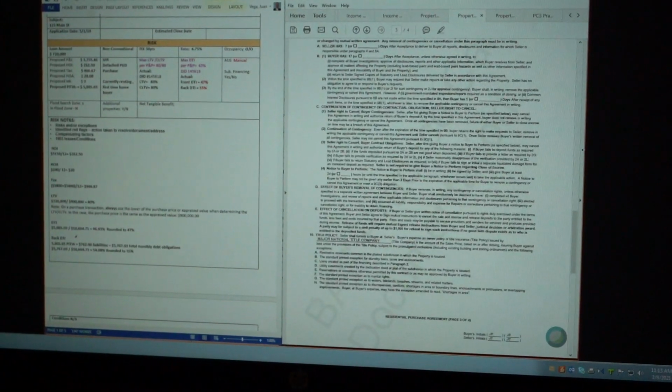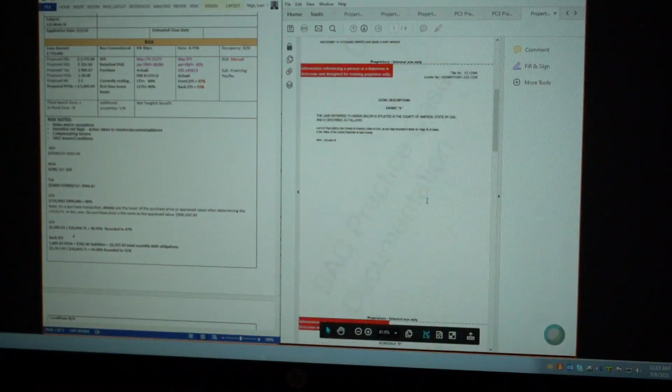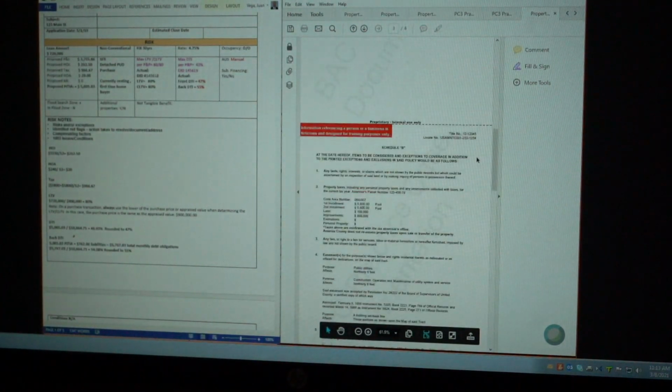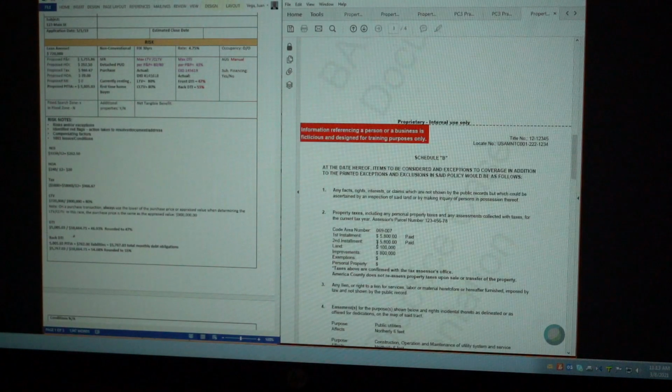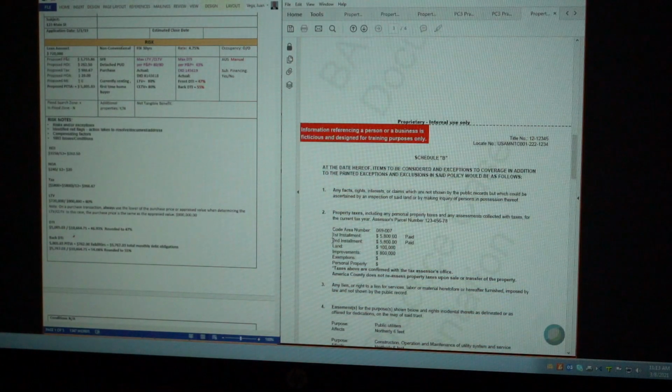I took it from the title report. Your title report, you have your installments right here. So you have 2 installments, one for $5,800 and another for $5,800. So all I did, like you can see here, was take the 2 installments of $5,800 divided by 12, and I got $966.67.